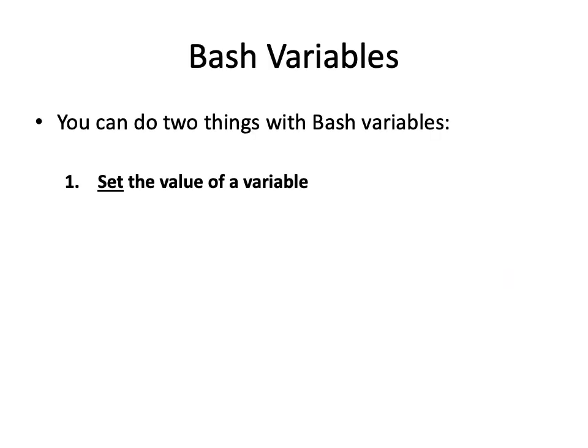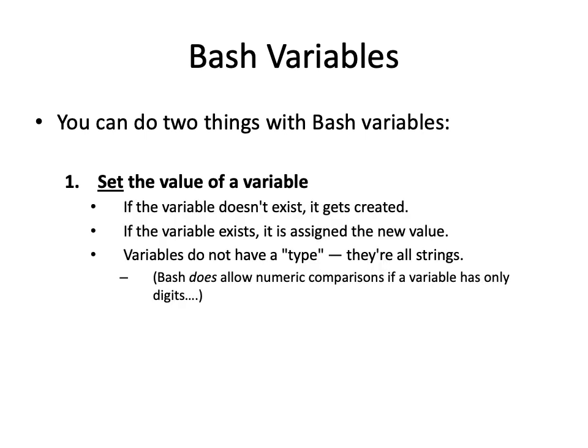Bash variables are similar to variables in any other language, but they'll be a little bit different because this is the Bash scripting language rather than, say, C or Java. So you can do two things with Bash variables, like you can for other languages. You can set the value of a variable. Now, unlike C or Java, you don't need to initialize or declare a variable. You can just assign a variable.